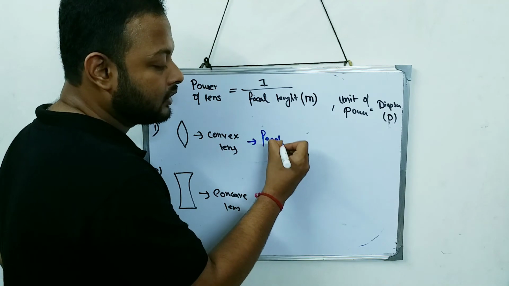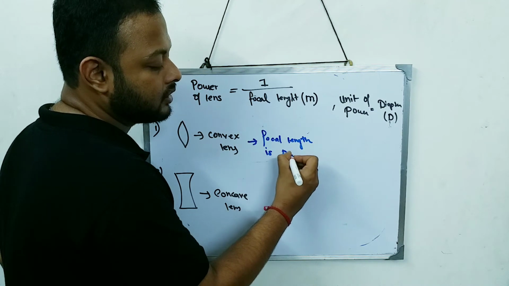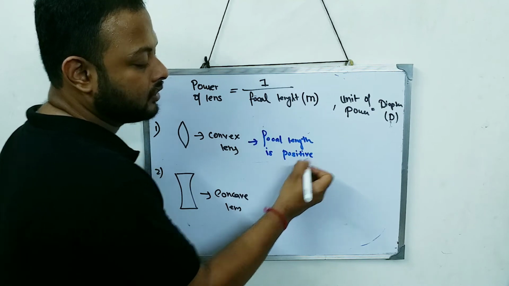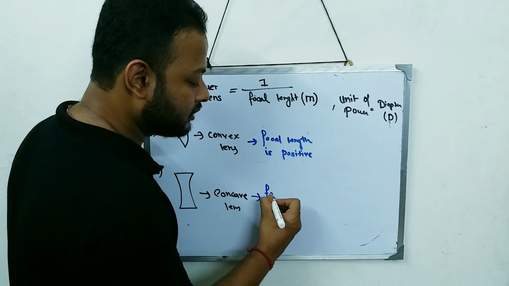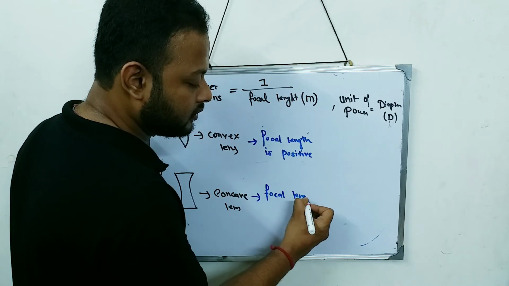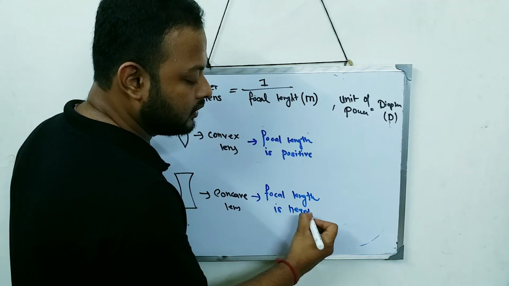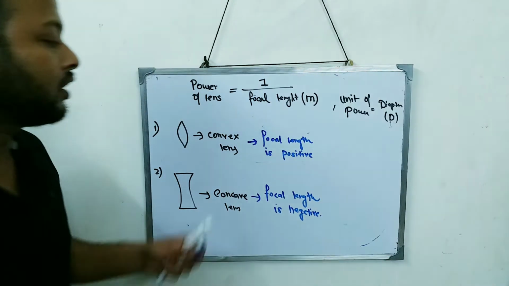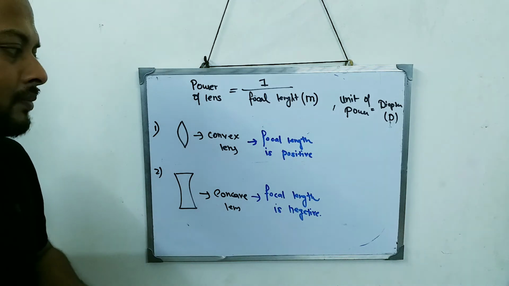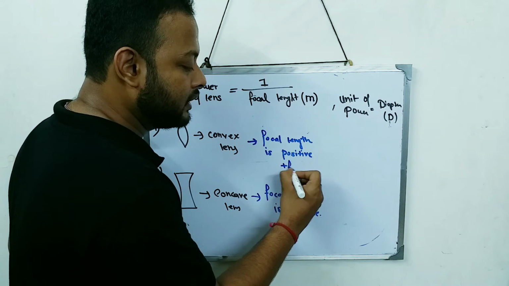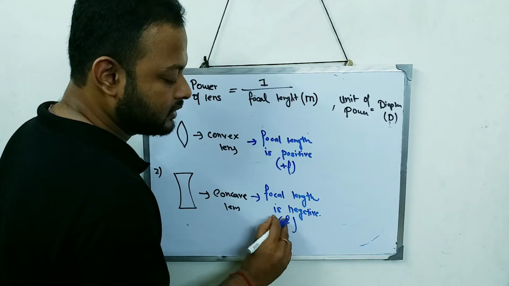It is positive. And for a concave lens, my focal length is negative. So for a convex lens the focal length is positive, and for a concave lens it is negative. Over here it is plus f, and this is minus f.